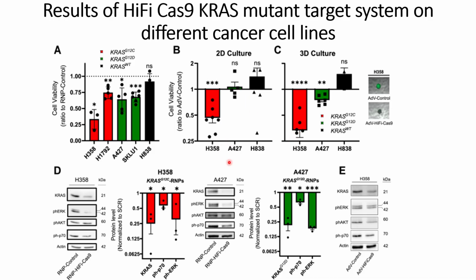For A427 they see negligible reductions in 2D culture, but around 25% reductions in 3D culture. For the control with wild type KRAS, they do not see any significant difference. This further substantiates their previous perception that the 3D culture model gives more accurate in vivo-like results.